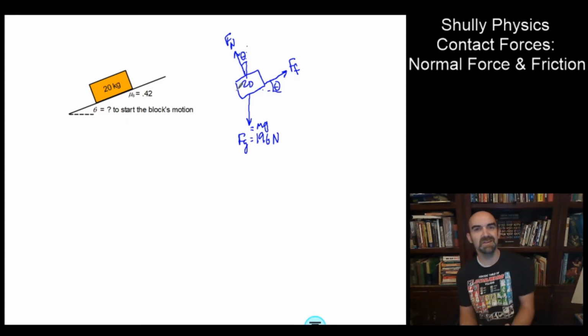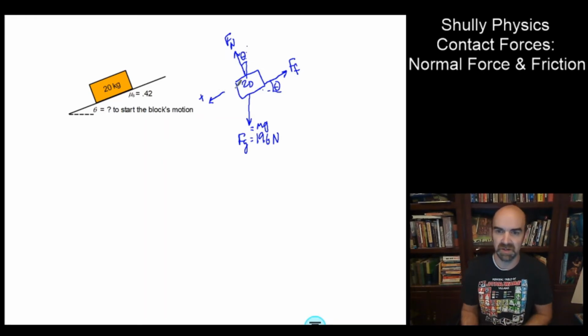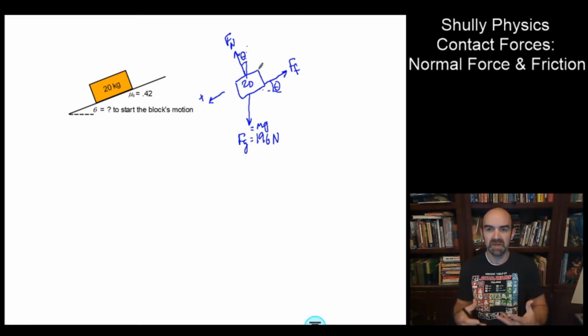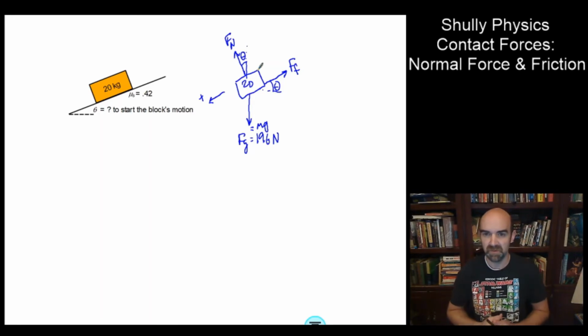All right. Now the tendency of this block is to move in this direction. So that's like a positive direction there. If you look at the system, down the slope is our x direction and perpendicular to the slope is our y direction. So parallel to the slope being our horizontal plane and perpendicular to the slope being the vertical, the y direction.